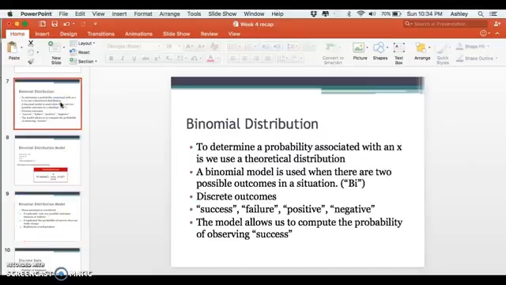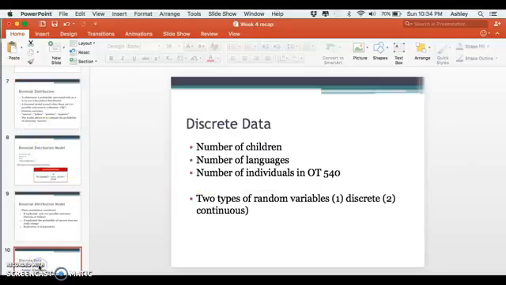Now, previously I did talk about discrete outcomes. So let's kind of go back, because previously we've only talked about discrete and continuous variables. But just like variables, probability distributions can be classified as discrete or continuous.